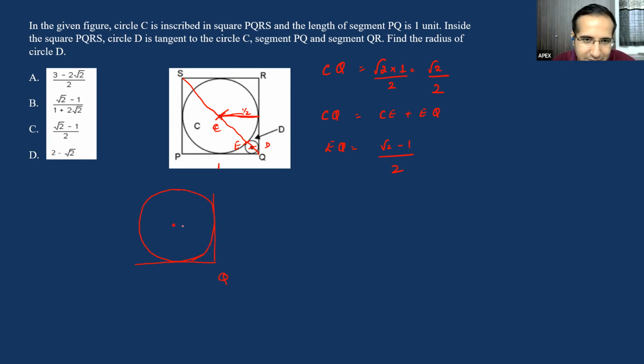And this is the center called D. Let's say this is the point E, and this is the diagonal of the square. Now remember one thing, guys. The diagonal of the square, that means this angle is going to be 45 degrees. And when I drop a perpendicular to the base at the point of tangency, this is 90 degrees, and this is also 45 degrees.